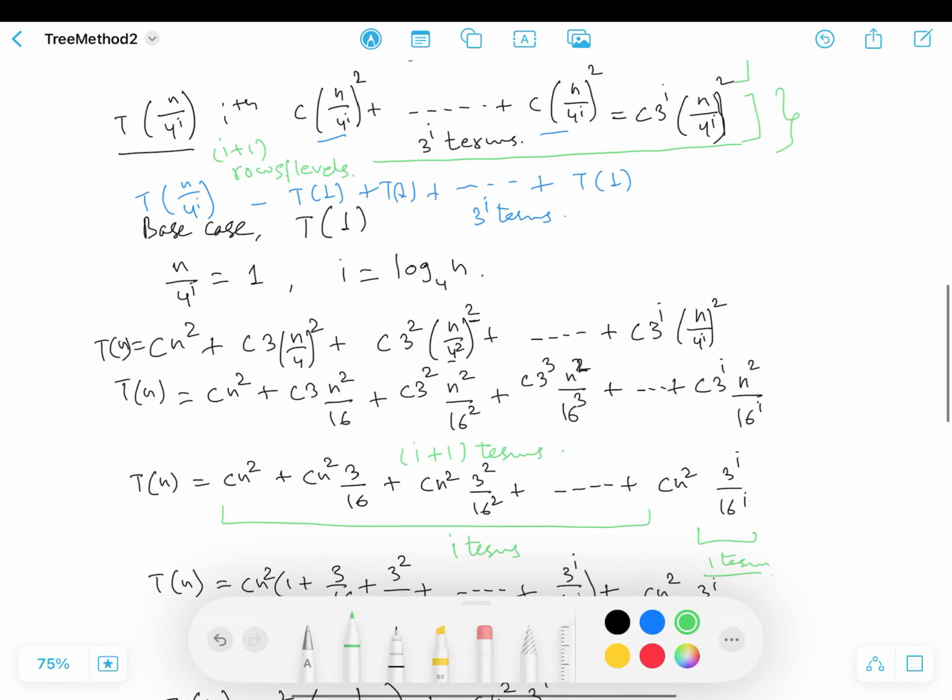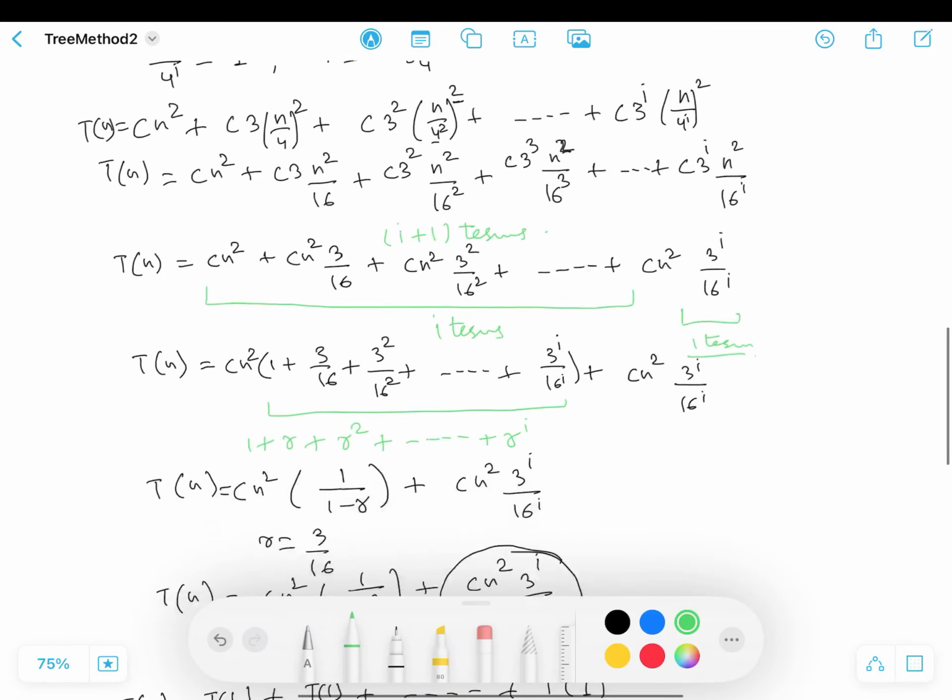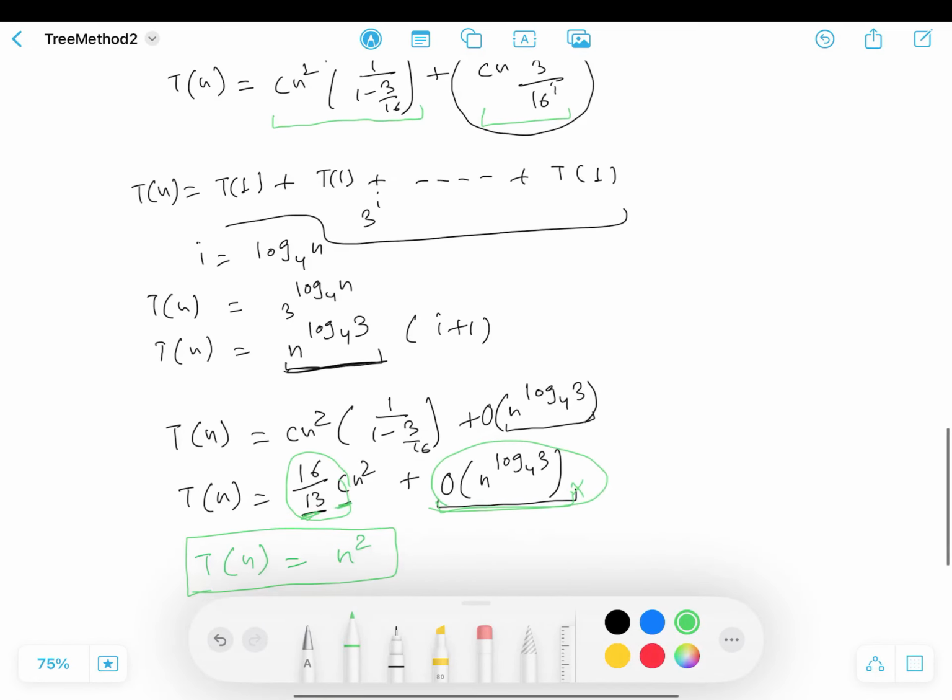If you're not able to understand this solution, I will suggest watching this video a couple more times. And if you still have doubts, post in the comments what exactly you are not able to understand, and I will try to do another video, or maybe I will try to explain in the comments so that you have a better understanding of this recurrence solution.